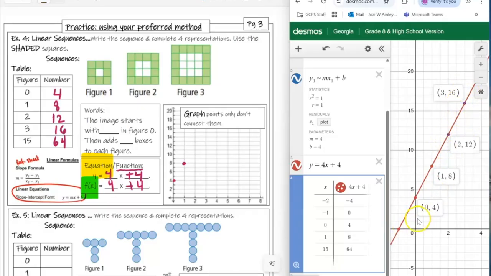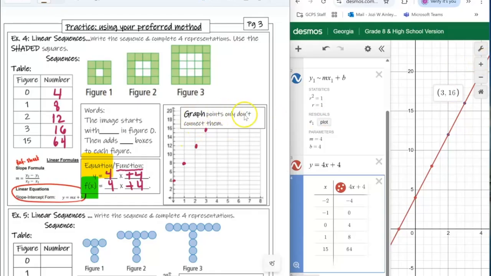But here's what I need you to think, and I'm going to introduce a new word to you. And again, we are going to talk about it in depth. So if you don't get it right now, that's okay. This is just an introduction piece. So these are my points right here. In fact, let me draw another one: 2, 12. What else is there? 3, 16. So around here. All right.